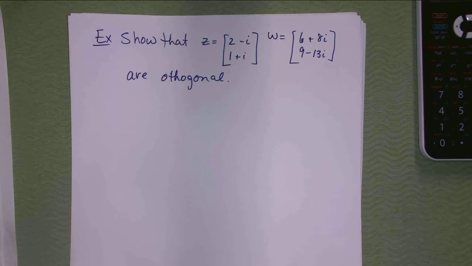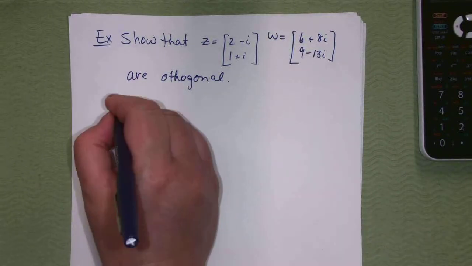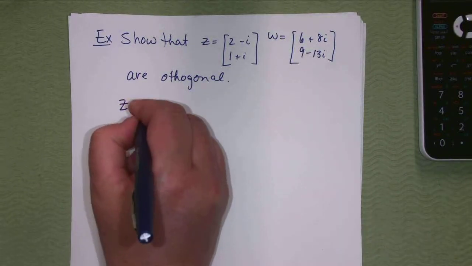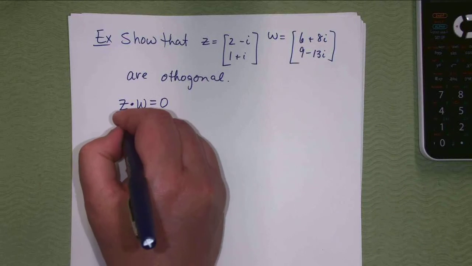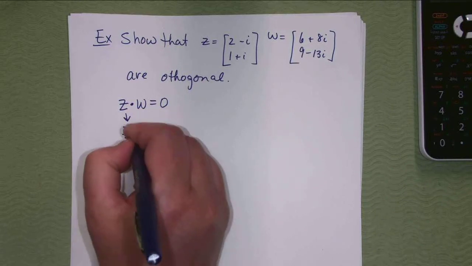So how do we show that two vectors are orthogonal or perpendicular? The dot product equals 0. So we need to show that the dot product is equal to 0, but since they're complex, we have to do it this way.